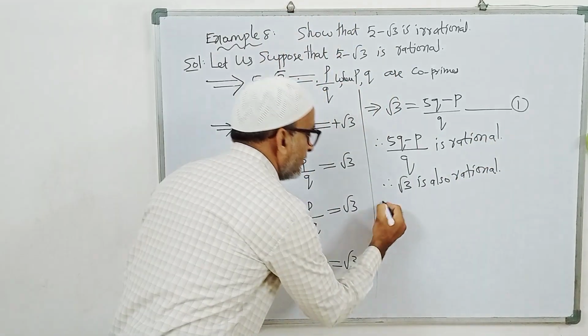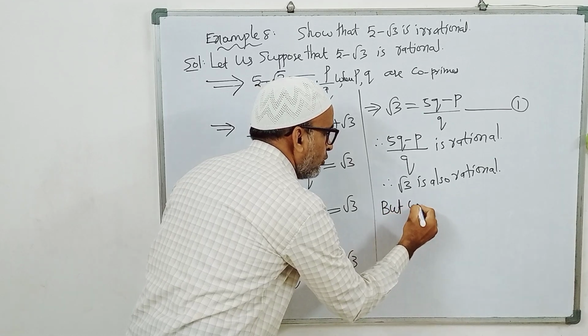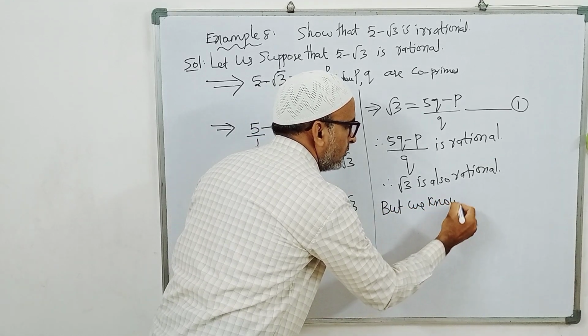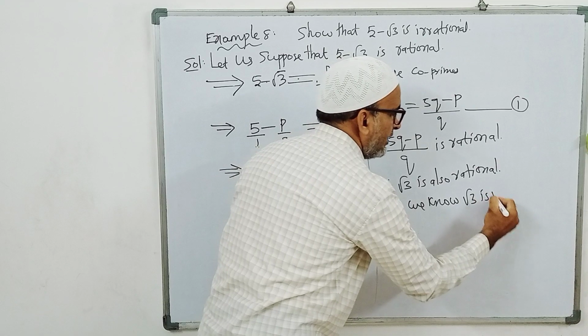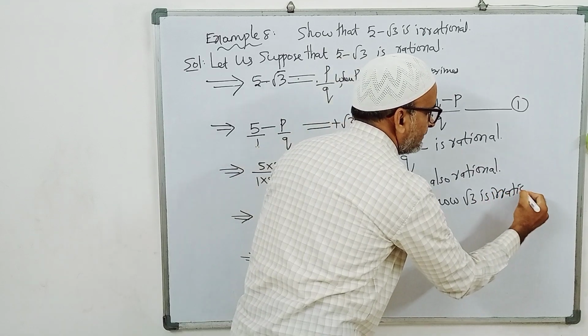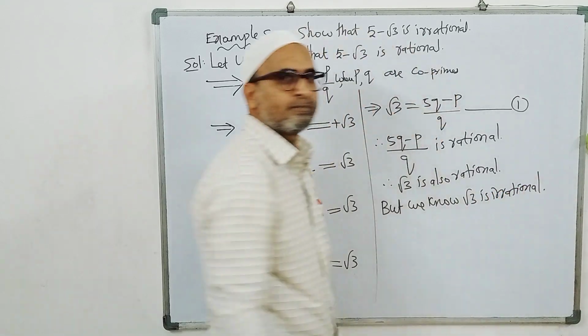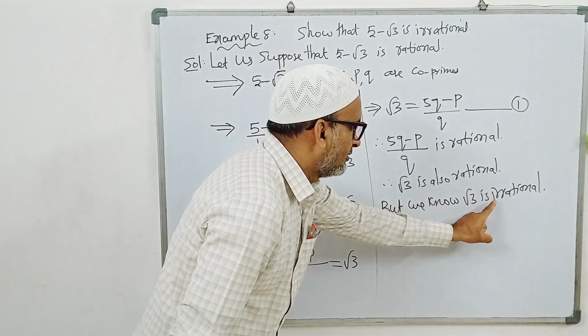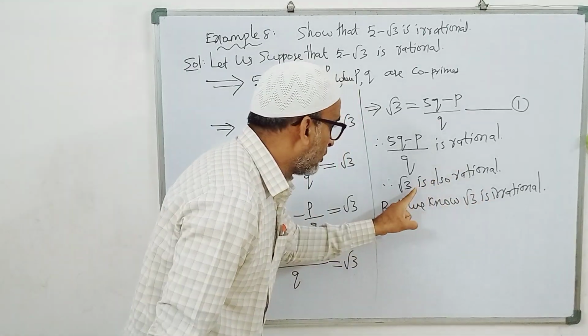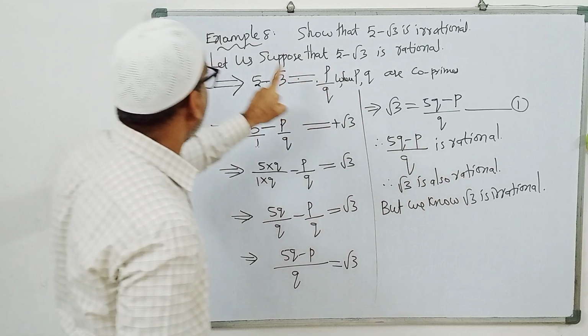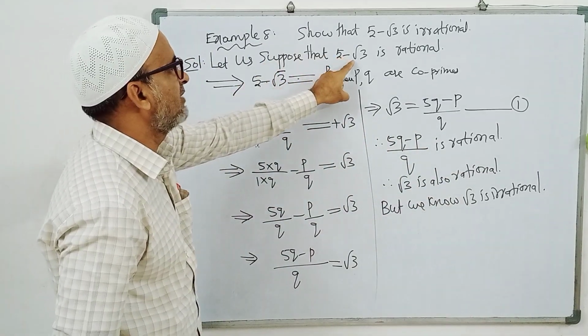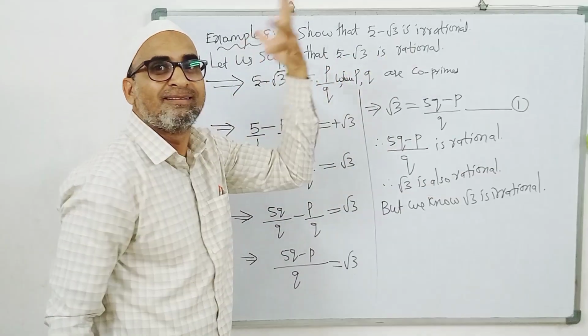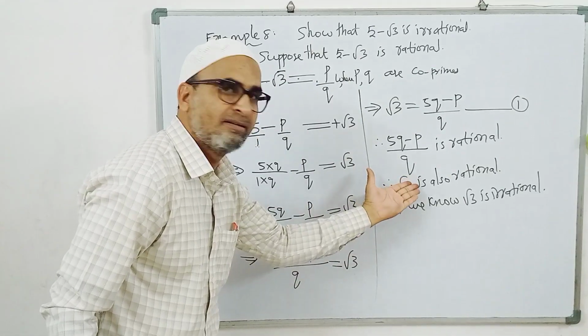But we know root 3 is irrational. Root 3 is irrational, but you got rational. Why you got rational? Our supposition that 5 minus root 3 is rational. That's why we got this answer.